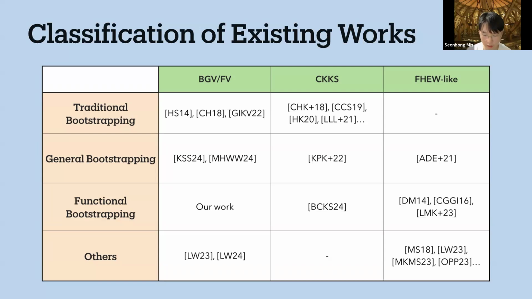Since they inherently support the functional bootstrapping, we don't have any traditional bootstrapping method except for AP14, and it has a general bootstrapping method, AD+21, and functional bootstrapping is basically every TFHE-like scheme. And then you have some other schemes which have some other functionalities than just TFHE-like schemes.